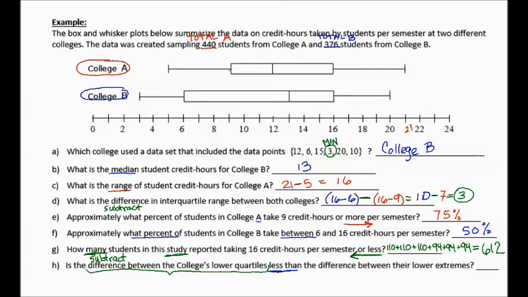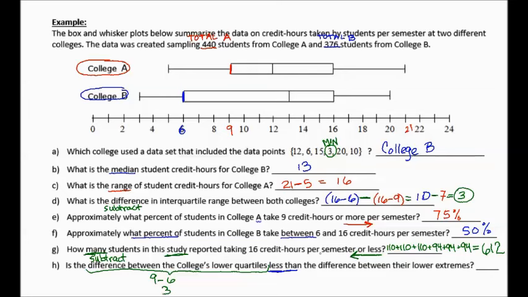Lower quartile for College A is here at 9, and the lower quartile for College B is here at 6. And I'm going to subtract those two numbers. 9 minus 6, which produces a 3.